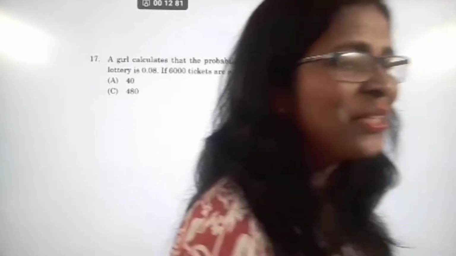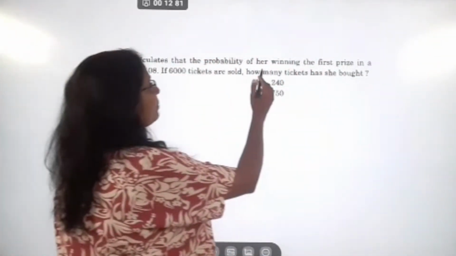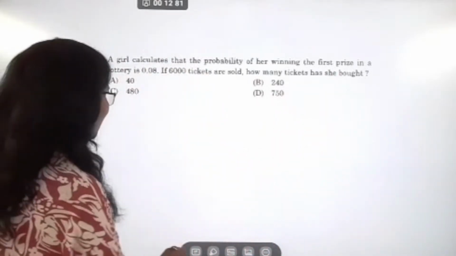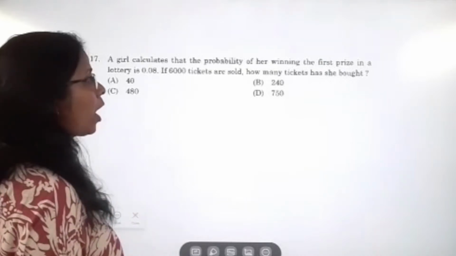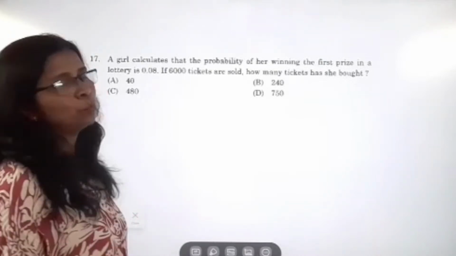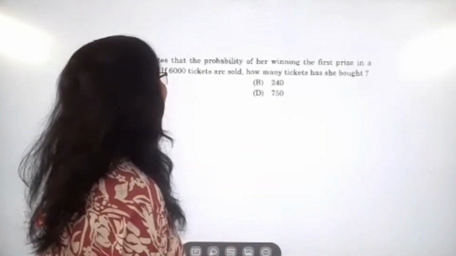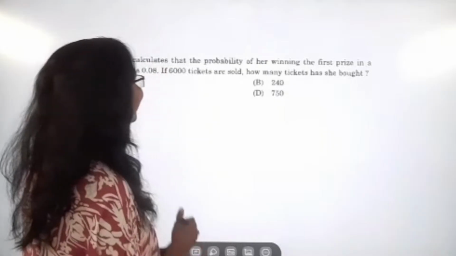Next example, students. A girl calculates that the probability of her winning the first prize in a lottery is 0.08, and if 6,000 tickets are sold, how many tickets has she bought? It is also an example from probability.